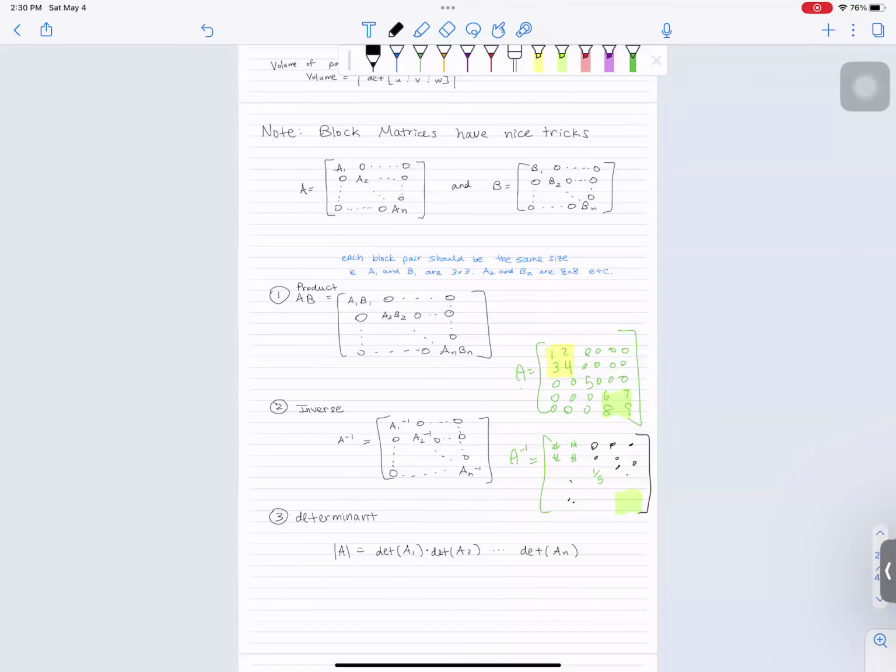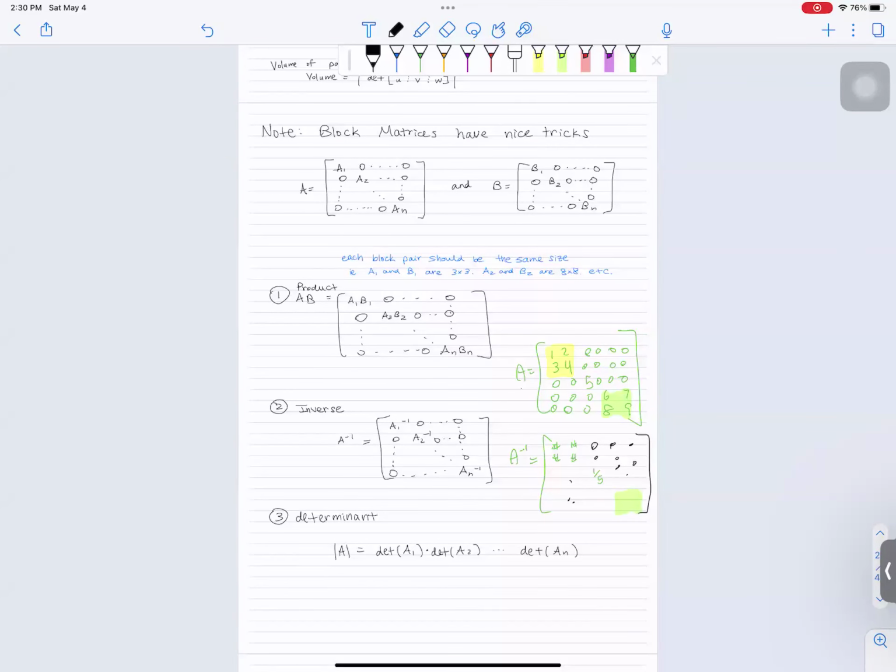Yes. So if I had a block matrix like this for A, and I wanted to find A inverse, instead of taking this whole 5 by 5 matrix and doing a bunch of row reductions to find the inverse, I could look at each block separately. So I look at this 1, 2, 3, 4, and I see what is its inverse. Well, the inverse of 1, 2, 3, 4 would be 1 over the determinant, which is 4 minus 6.